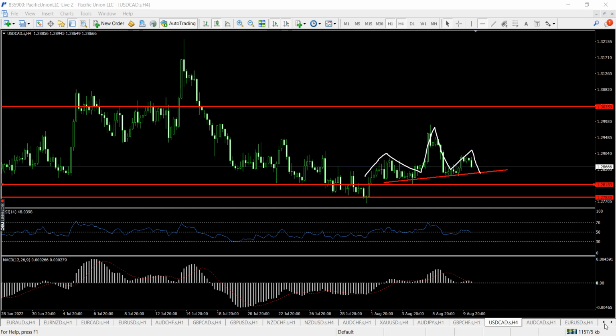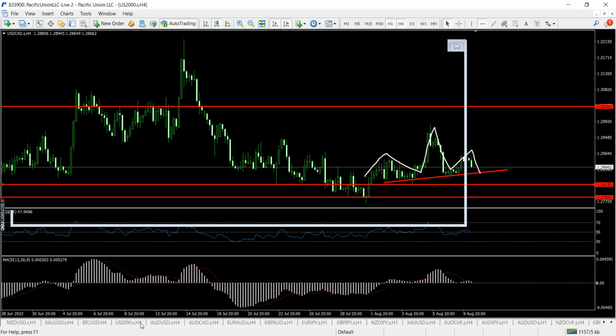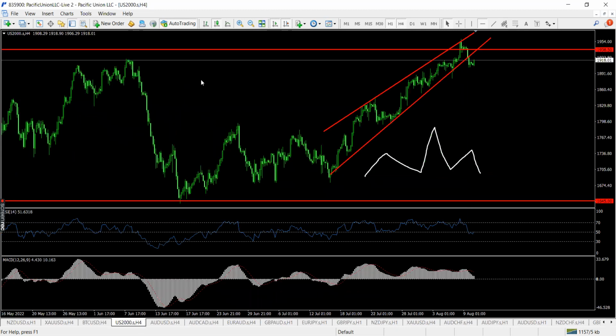US 2000. Oh, okay. I've not checked this. Excuse me. Now, yes, US 2000 is one of the trades we analyzed earlier, and it already broke out of the rising wedge. You can see the breakout here.